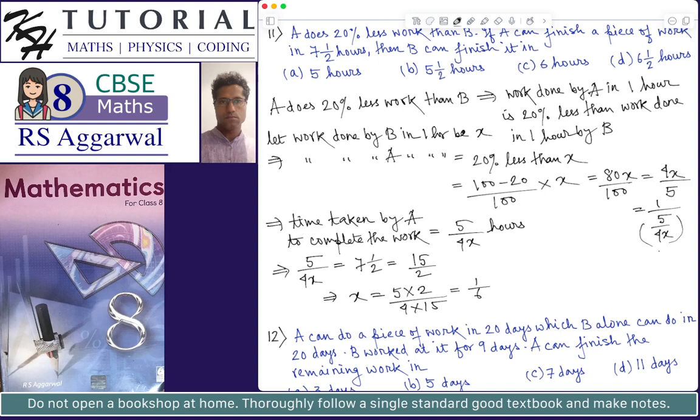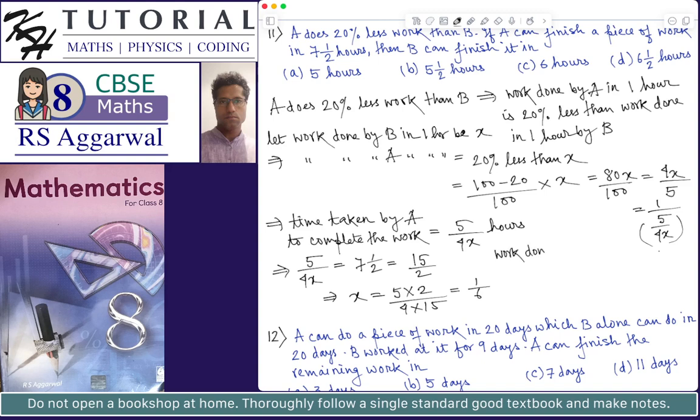We have to find the time taken by B to complete the work. So first of all, X is 1 by 6. This means that the work done by B in 1 hour is 1 by 6.